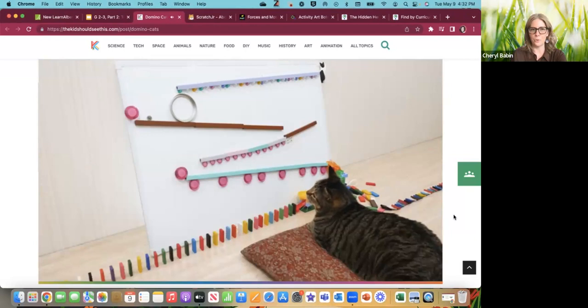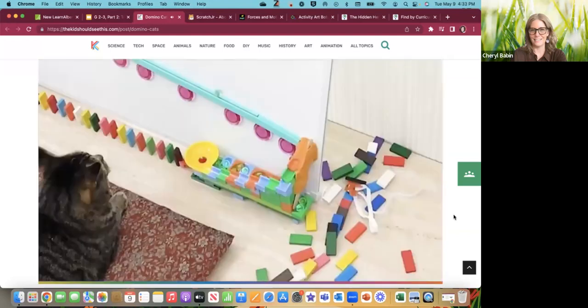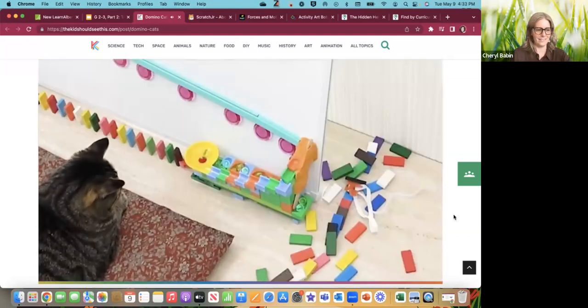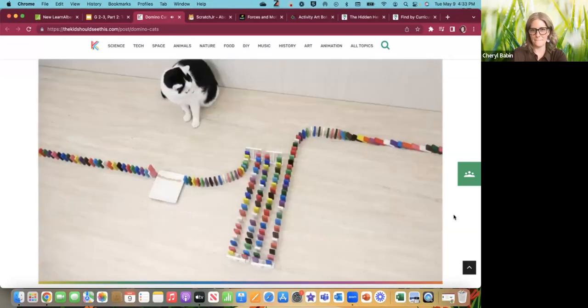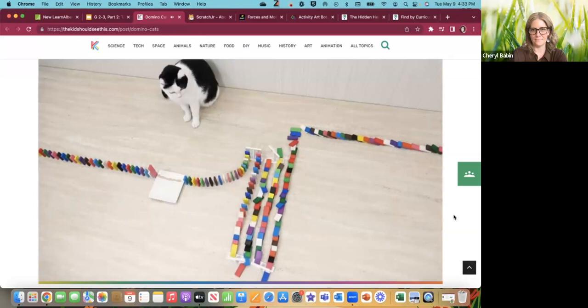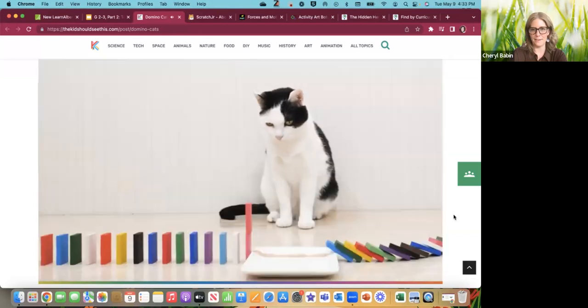Little Rube Goldberg for us here. Oh, and there's a stop.